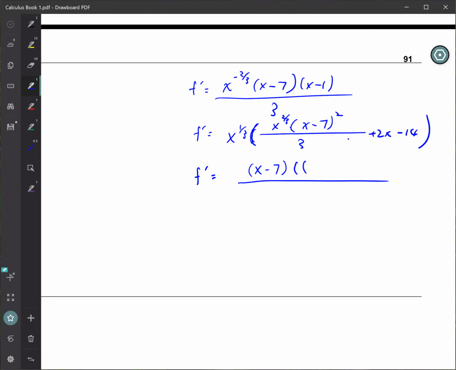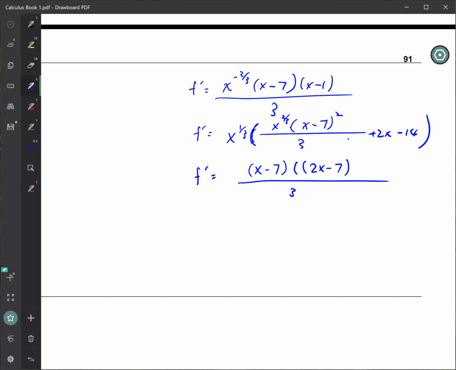Close bracket. And then underneath it's 3 cube root x squared. Sorry, can you say one more time?